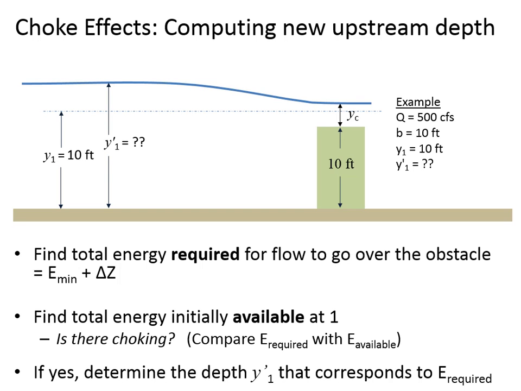I see. Yeah, confusing the energy with the depth itself. Remember that the depth is only one of the two components of specific energy, the other being the velocity head. All right. Any questions about this before we move on to another example?